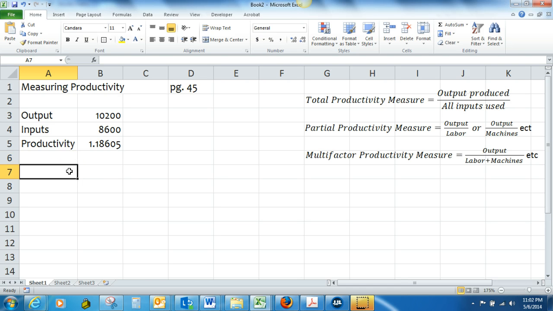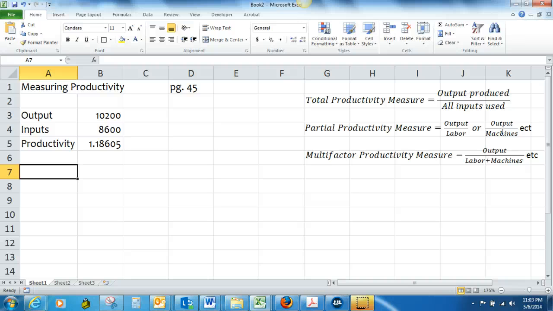Now, we can also break down each of our productivity measures into pieces and find out exactly what is more productive. So we can use a partial productivity measure and break it down into labor productivity, machine productivity, materials productivity, or capital productivity.